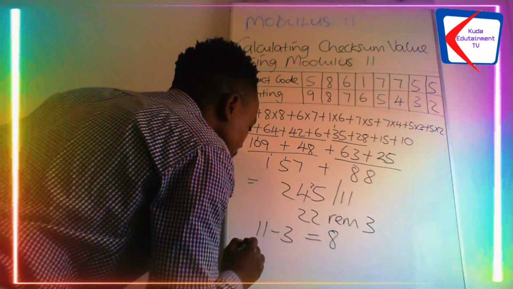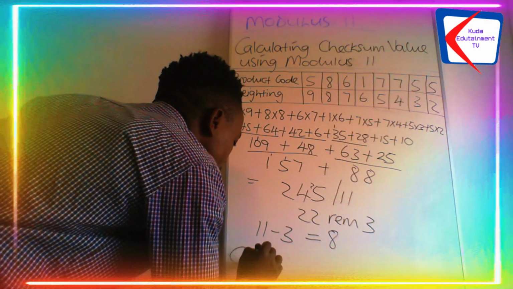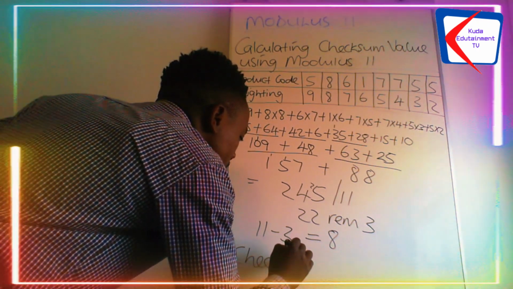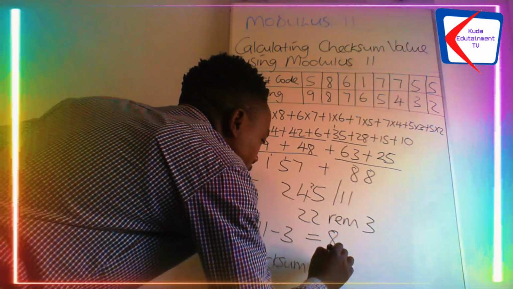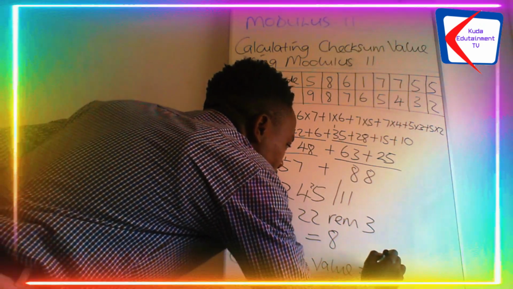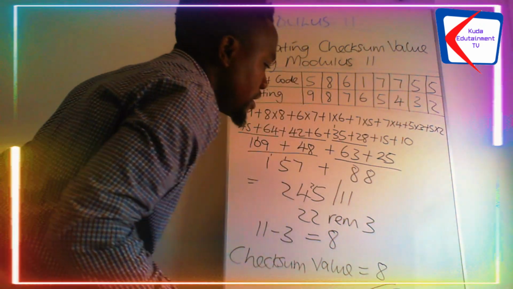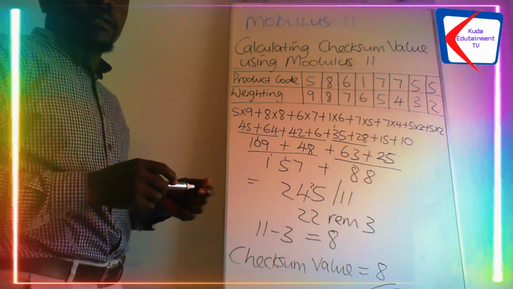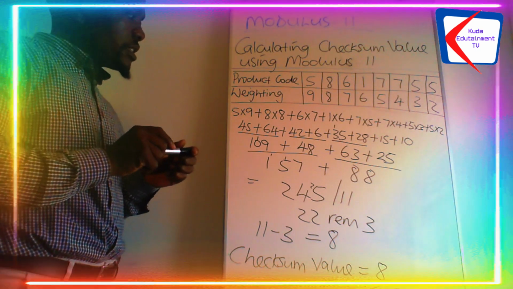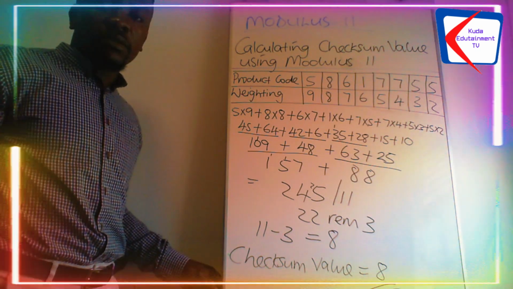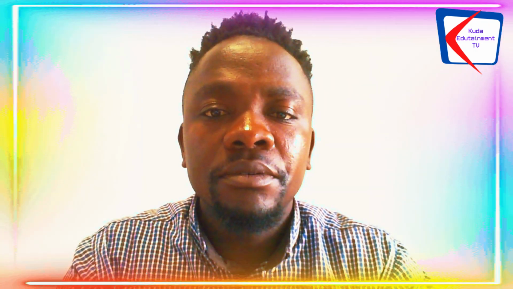So our checksum value would be 8. That's our checksum value. So this is how a checksum value is calculated, using the method of modulus 11.